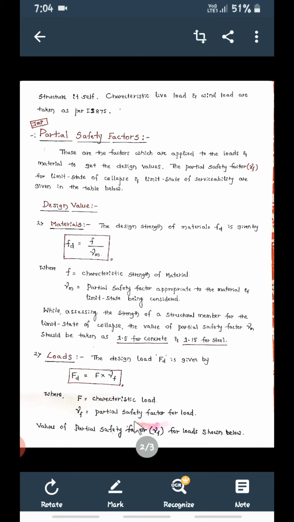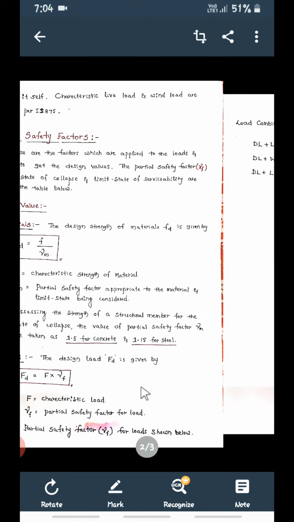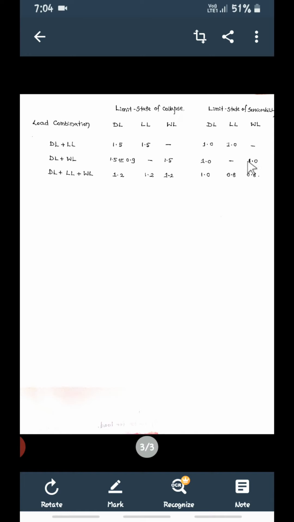So F is the characteristic load, gamma F is the partial safety factor for load. The values of partial safety factor gamma F for load are shown below. This is the table we have to remember for partial safety factor for loads, not for materials.